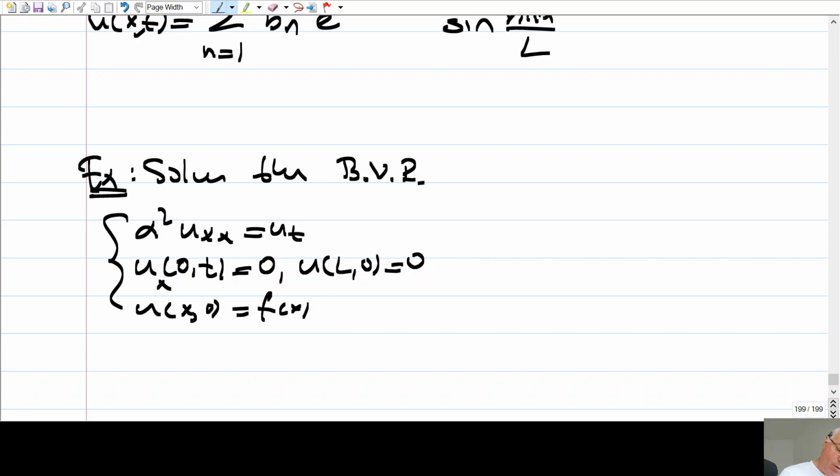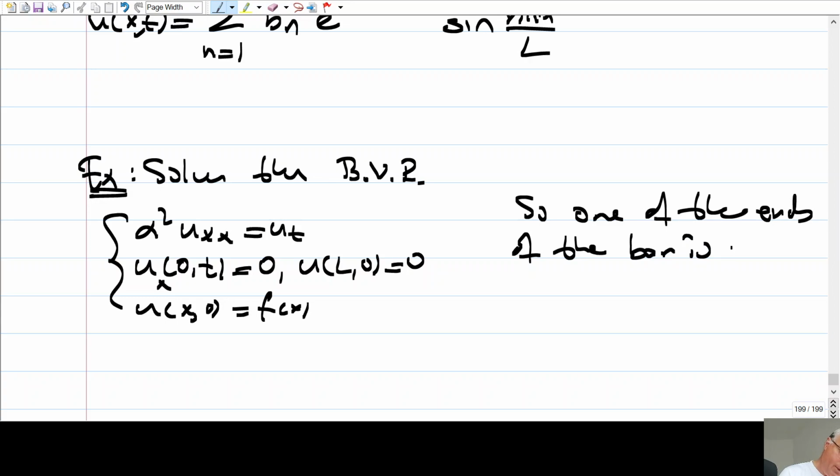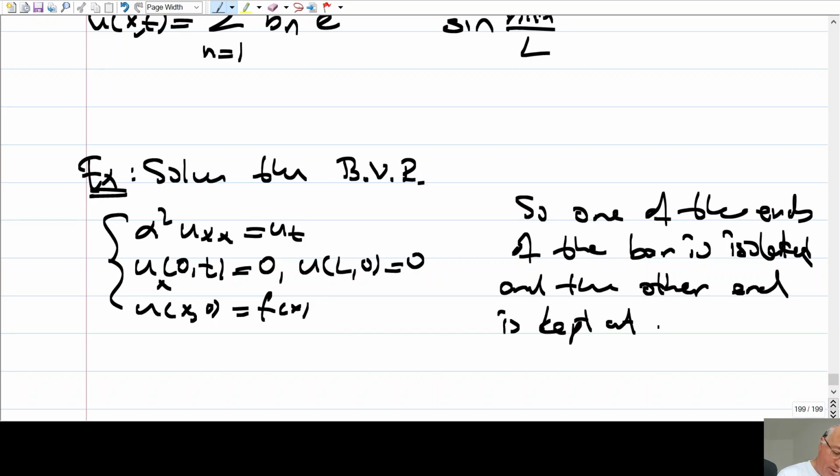So one of the ends of the bar is isolated and the other end is kept at temperature 0.